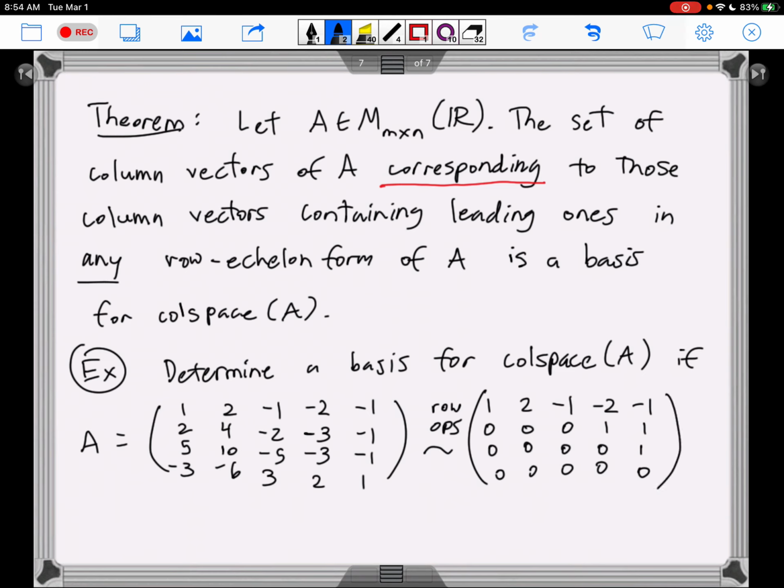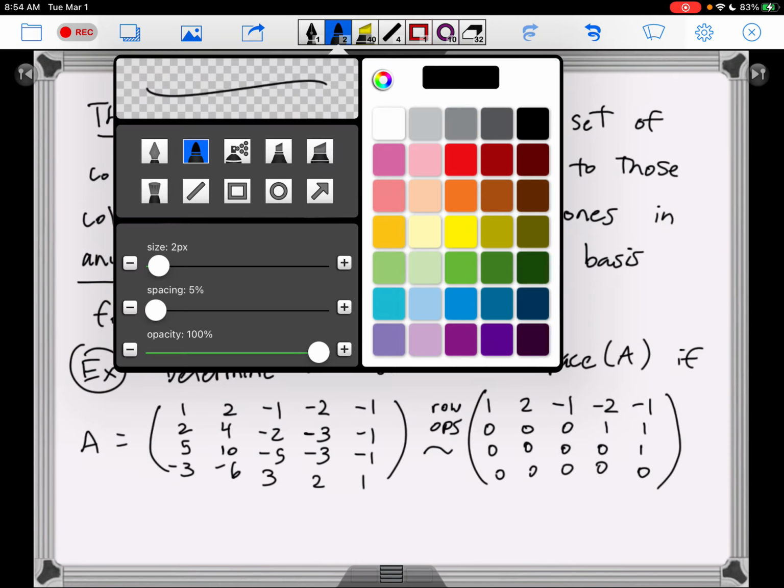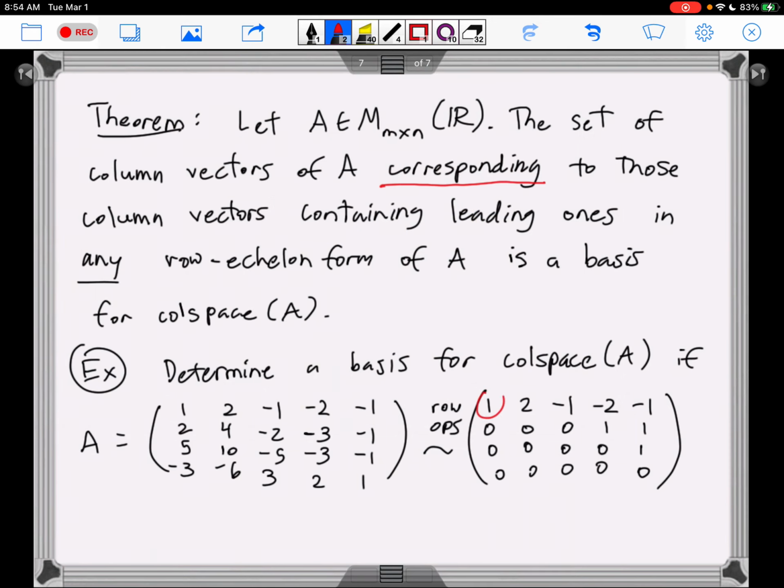Now, let's read the theorem carefully so you guys understand what to do here, okay? We want column vectors of A that correspond to column vectors containing leading ones in the row echelon form. So let's circle the leading ones here. Our leading ones are here, here, and here, right?